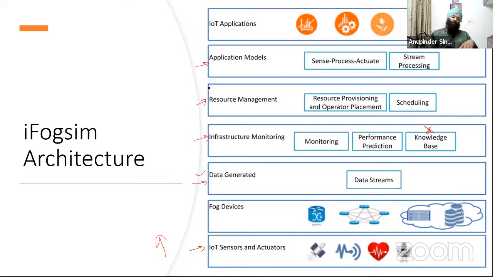And on top of that is the IoT application, which resembles a set of modules that you can deploy on different fog devices, based on what nature of processing you want from that application, right? Every individual research hypothesis belongs to a different idea.